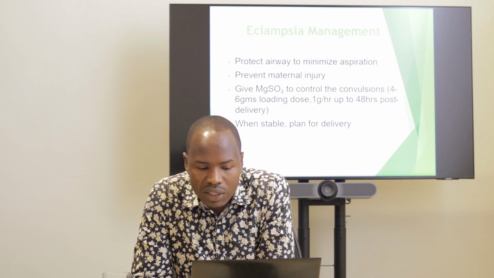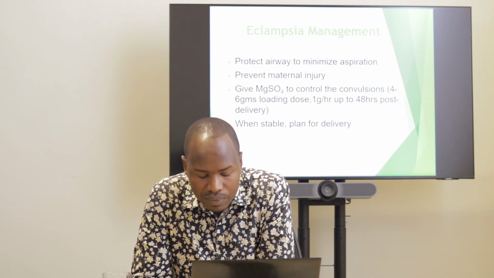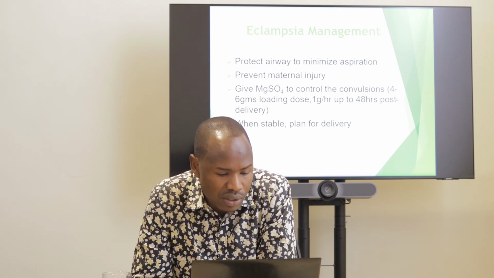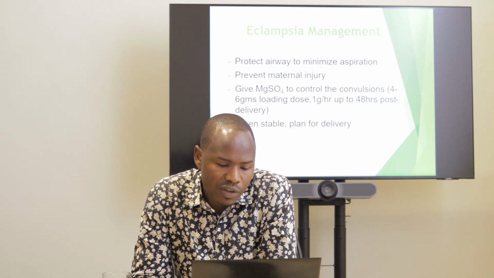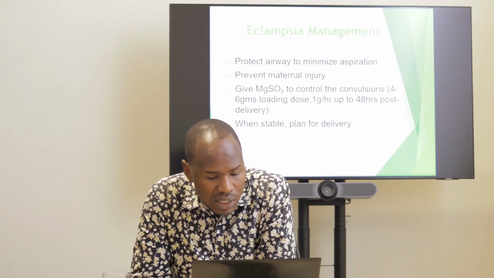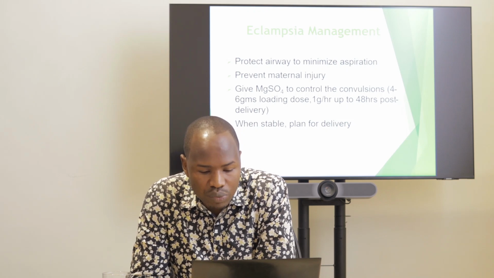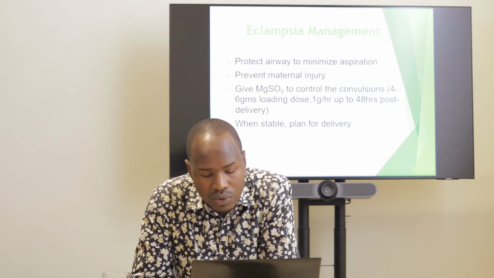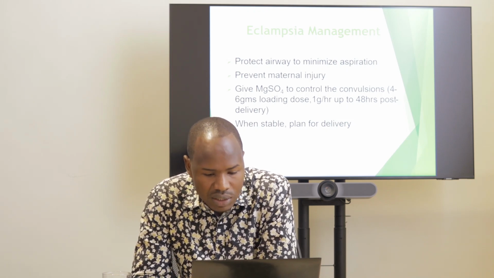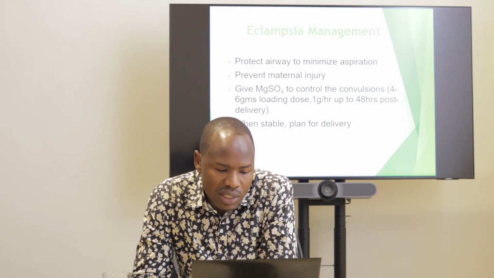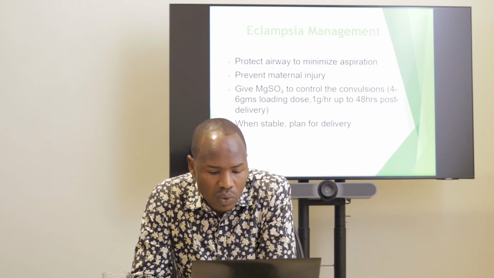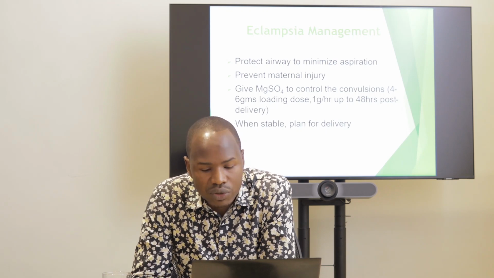Also, we have to prevent maternal injury as she has convulsions. And also, if you are in a setting where there is magnesium sulfate, it should be immediately given to control those convulsions or seizures. We give 4 to 6 gram loading dose and 1 gram per hour up to 48 hours post-delivery.